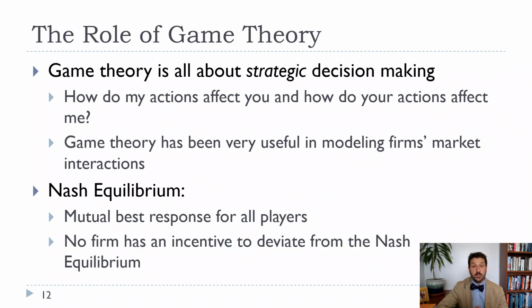And so we'll talk a lot about the Nash equilibrium, right? And whenever we say Nash equilibrium, just think that it's the mutual best response, right? It's my best response to what you're doing and your best response to what I'm doing. It is not necessarily the best response in terms of total profit or consumer welfare, but it is a mutual best response. And if we want to get to a different outcome, we're going to have to change the rules of the game a little bit.